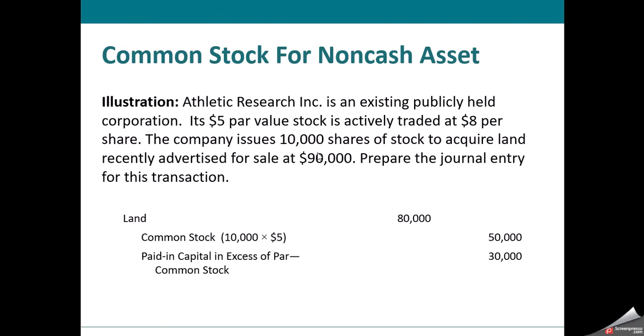Right now it's advertised for sale at 90, but that doesn't mean that's what they're going to get. That just means that's their list price. So we're going to go with the $8 per share times the 10,000 shares and value our land at $80,000. Our common stock is the 10,000 shares at the par value of $5, and then the excess goes to paid-in capital.